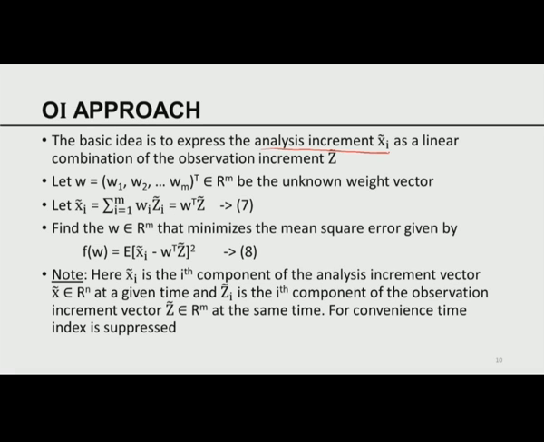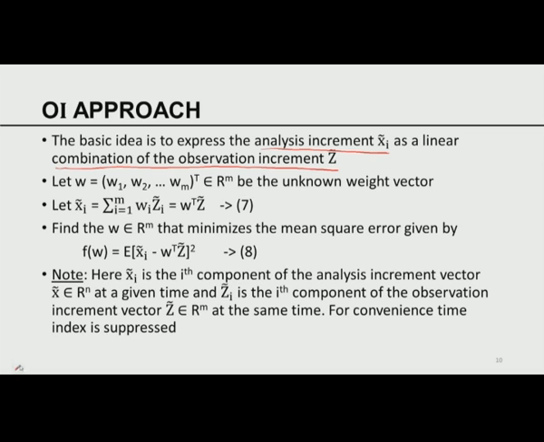What is X tilde i? X tilde i is the new increment at the grid point i that is to be gleaned from the new observation. I am assuming I can express my X i tilde as a linear combination of the observation increments Z tilde.